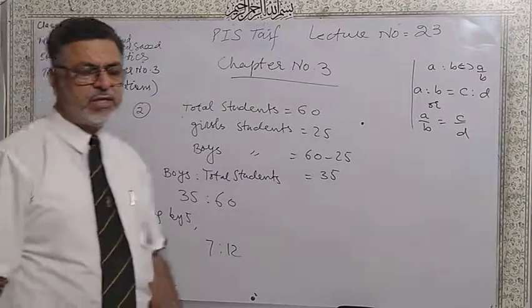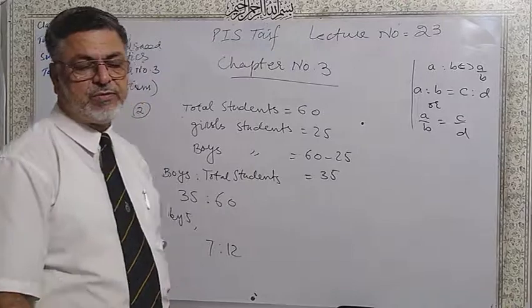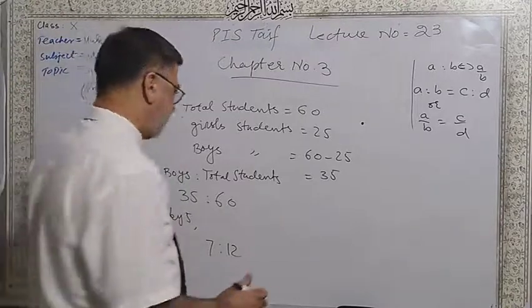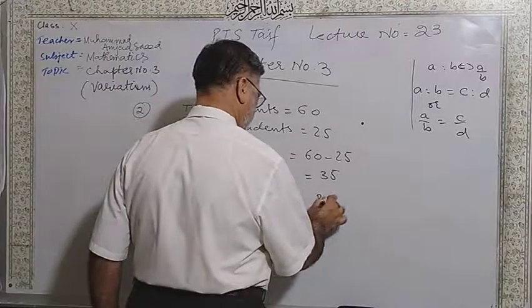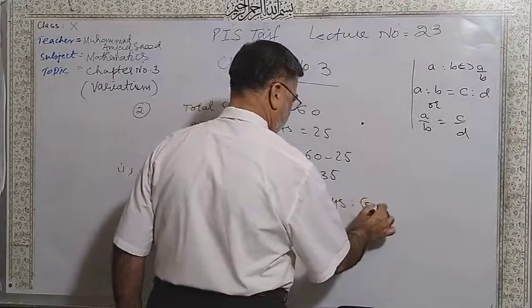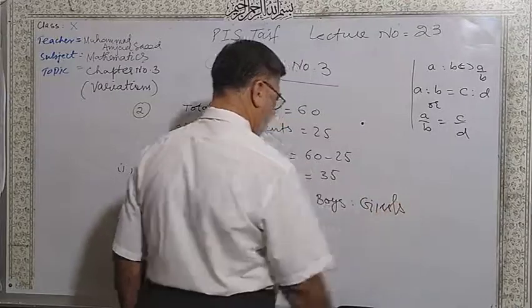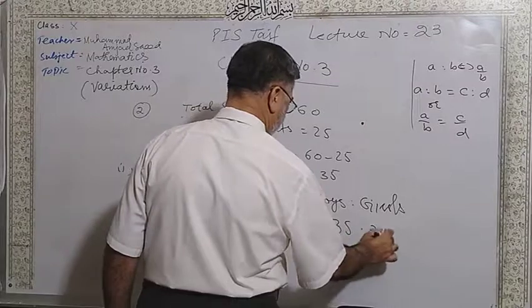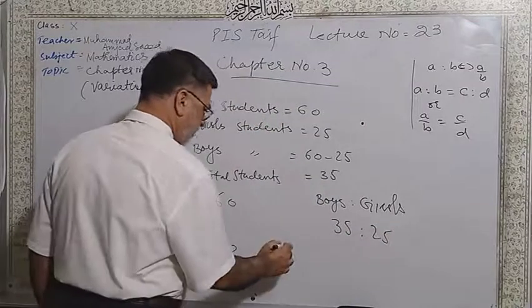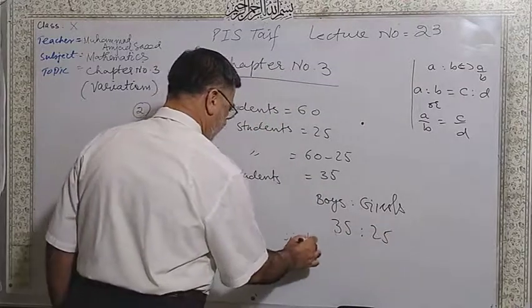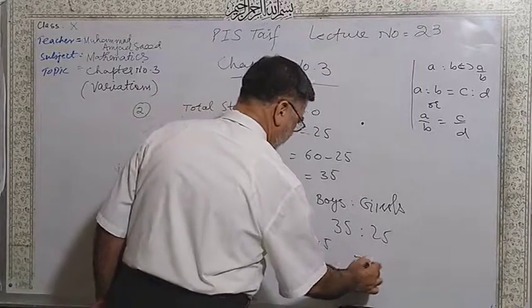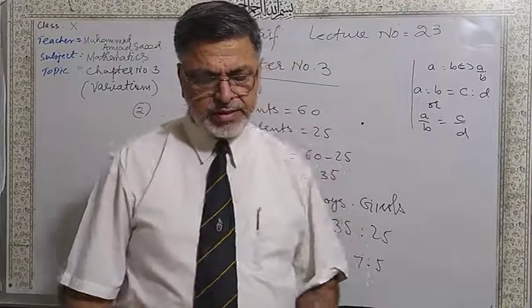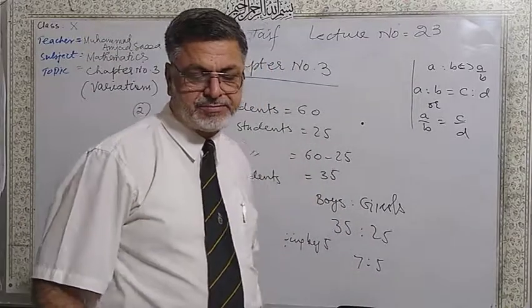So this is 7 ratio 12. Next is boys to girls. Boys are 35, girls are 25. Then again dividing by 5, 7 ratio 5. This is your answer.